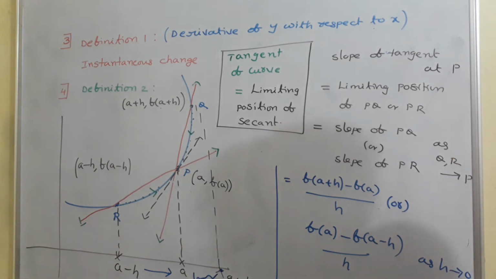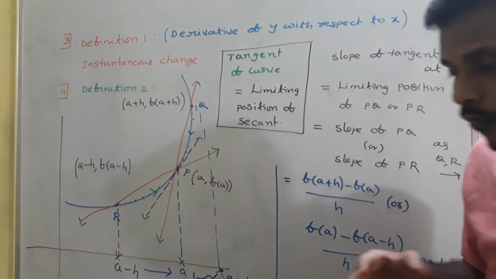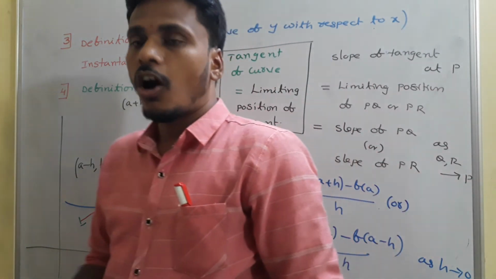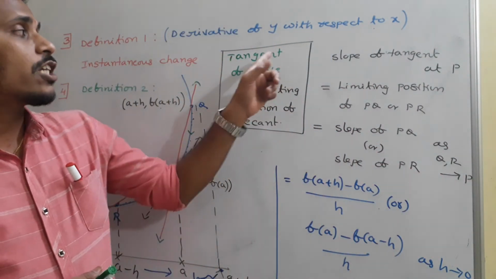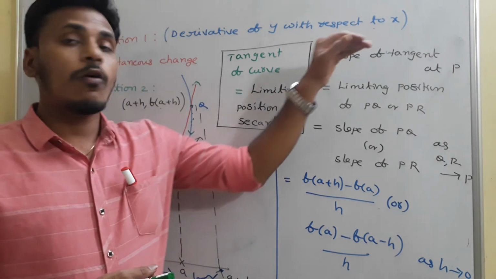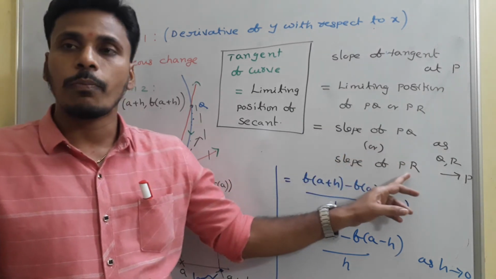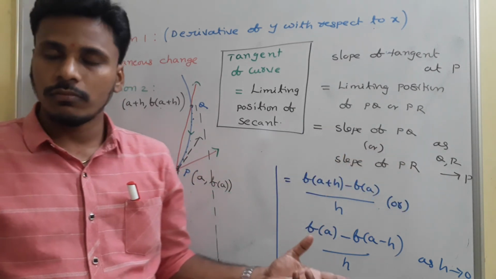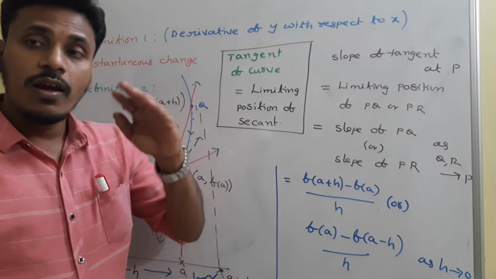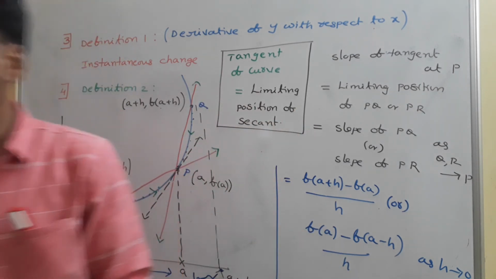The tangent of the curve is the limiting position of the secant, so the slope of the tangent is the slope of the secant. The slopes of secants PQ and PR come from the general form of coordinate geometry, y2 minus y1 by x2 minus x1. At the end we have this. Have a look.